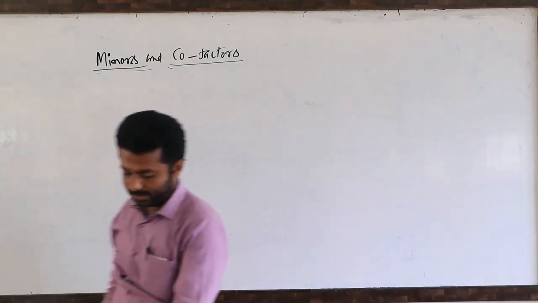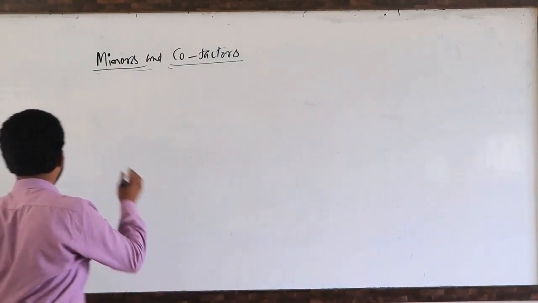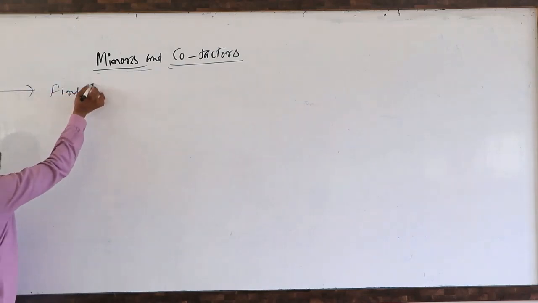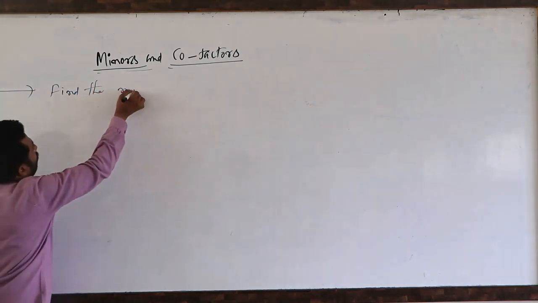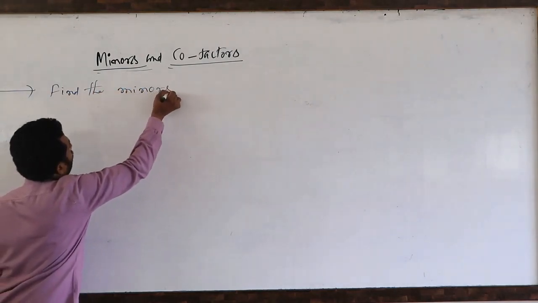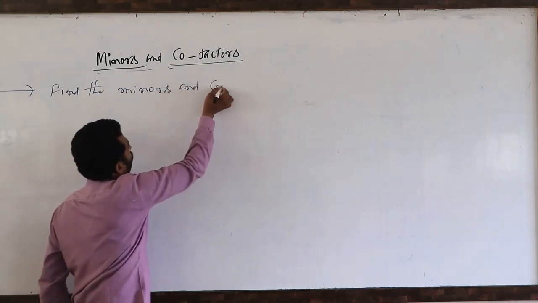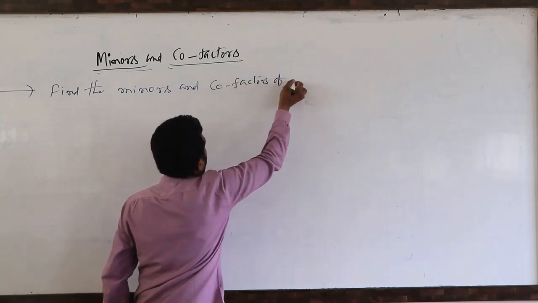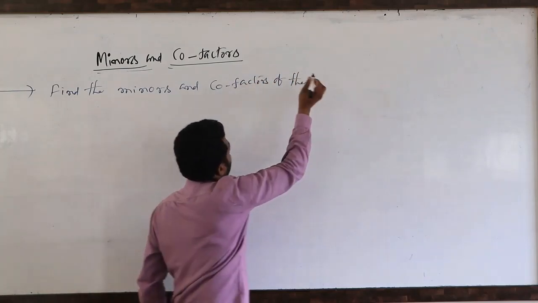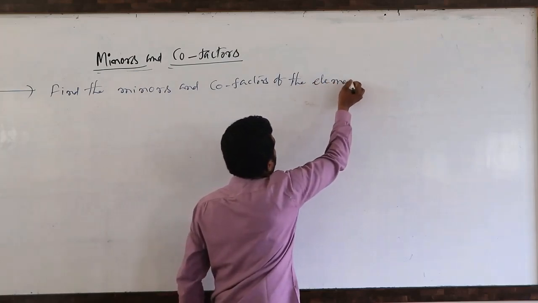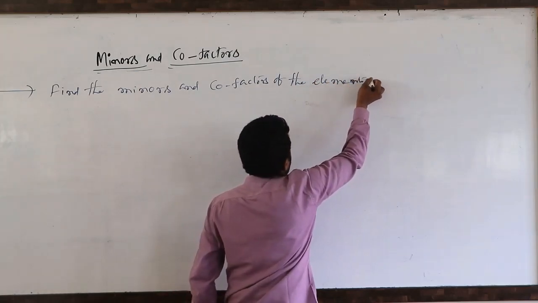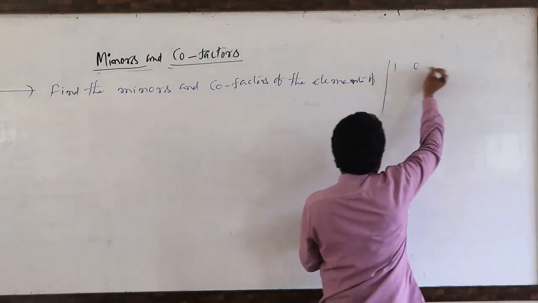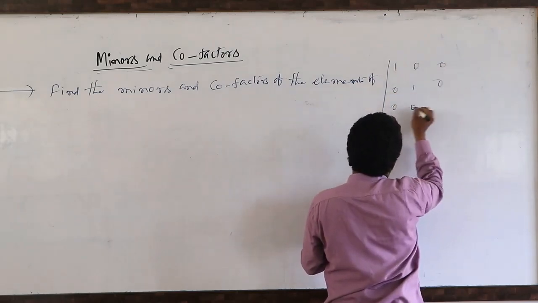Find the minors and cofactors of the elements of the determinants 1 0 0 0 1 0.